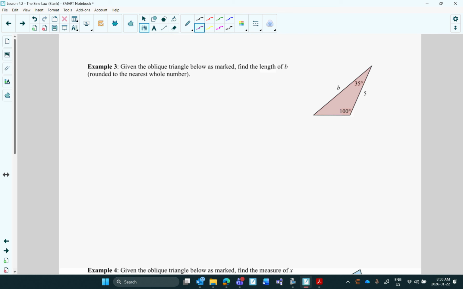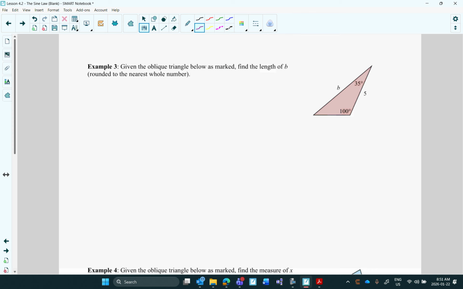Well, if you look at this initially, you would say, I'm not given a side and its angle opposite, because I have B, I have its angle opposite. This side has nothing to do with the question. And I have 5, but I need to know this to use sine law.